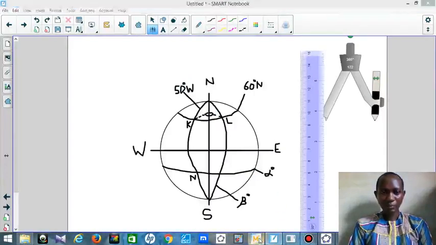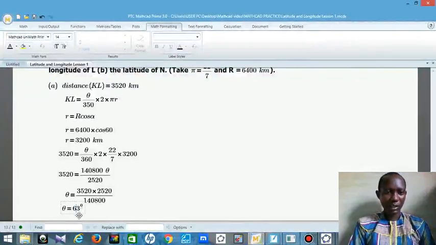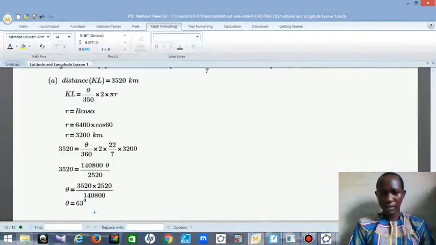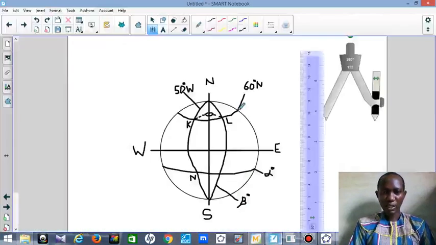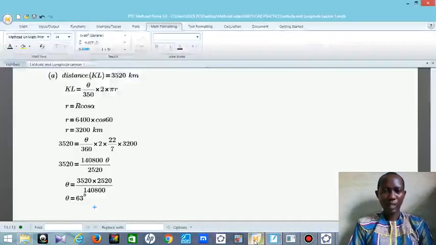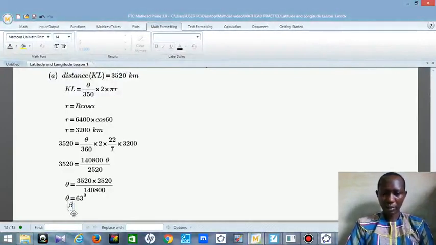Remember the symbol we use: we say let beta be the longitude of L. So finally, beta, which is the longitude of L, will now be equals to 63 minus 50.